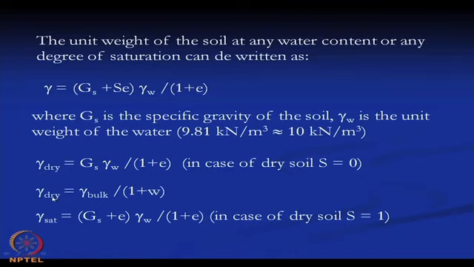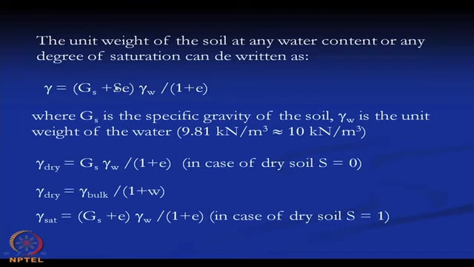So, this big equation becomes this one for the gamma dry. And then we can write that gamma dry is equal to gamma bulk divided by (1 plus w), where w is the water content of the soil. Bulk density means bulk unit weight, means the unit weight at any condition with any water content. So, that is gamma bulk. Similarly, gamma sat, if the soil is completely saturated, then S value will be equal to 1.